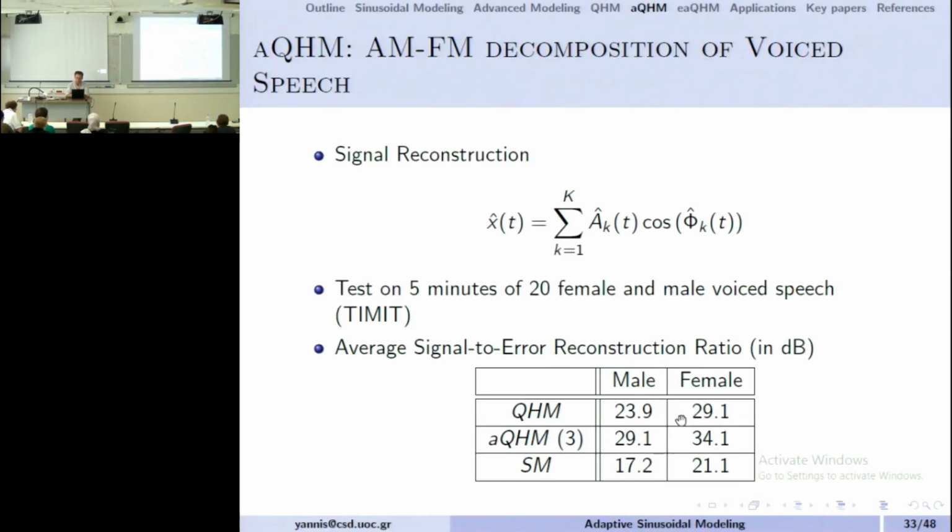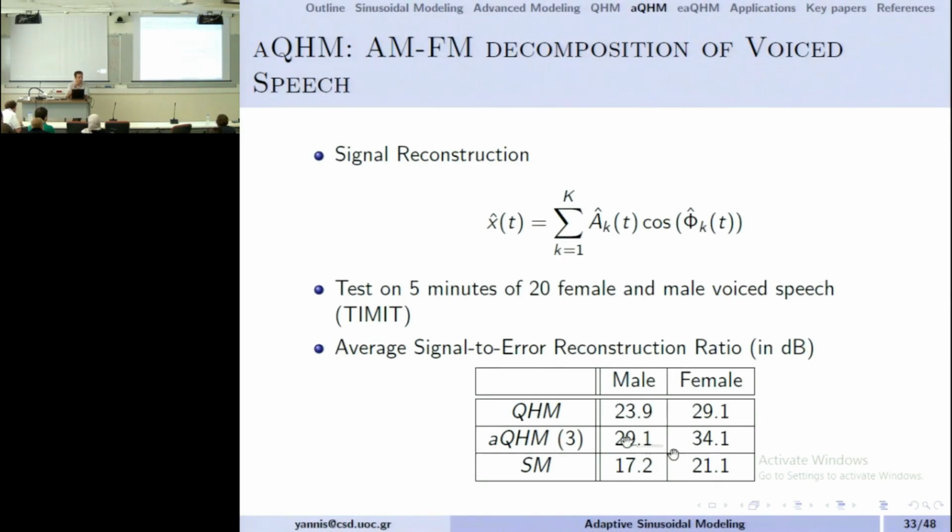When you use the quasi-harmonic model, the result is much, much better for the same number of K for both systems. Now, if you use the adaptive quasi-harmonic model with 3 iterations, then this is the signal to reconstruction error ratio.